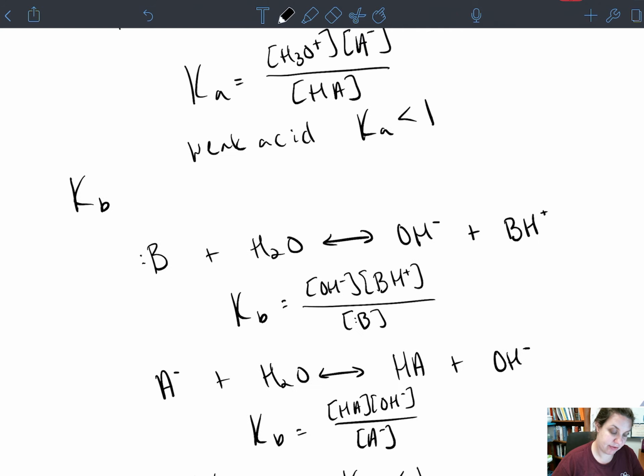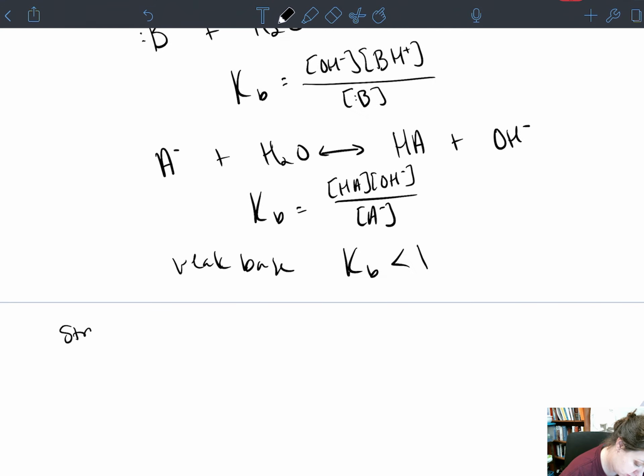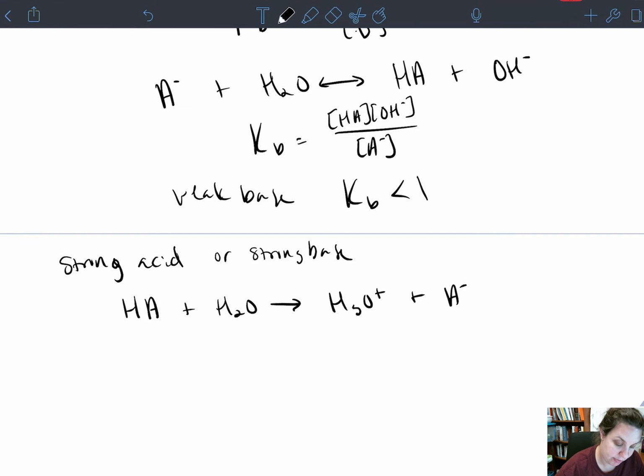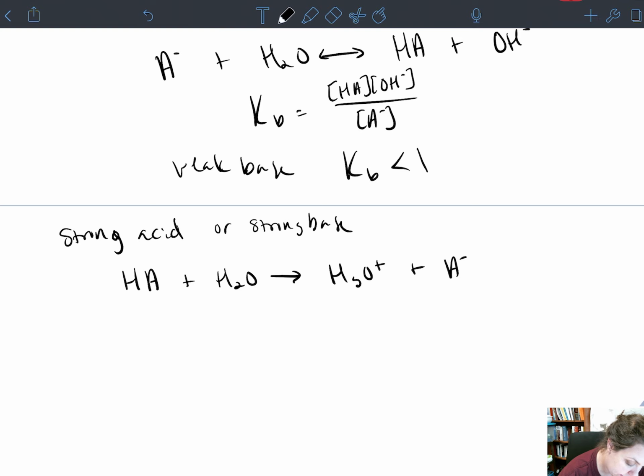If we have a strong acid or strong base, we can very easily calculate our pH or pOH. So with a strong acid, it completely dissociates with a one-way arrow to produce hydronium plus our A minus. So whatever our starting concentration is, we're going to call it CHA.